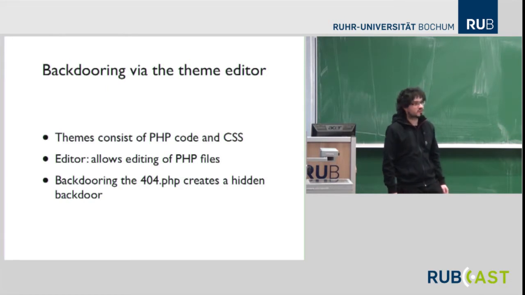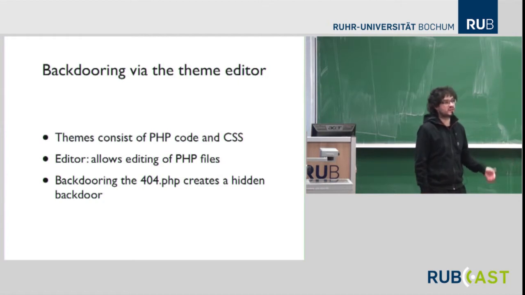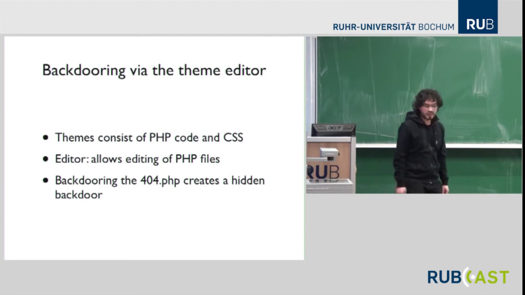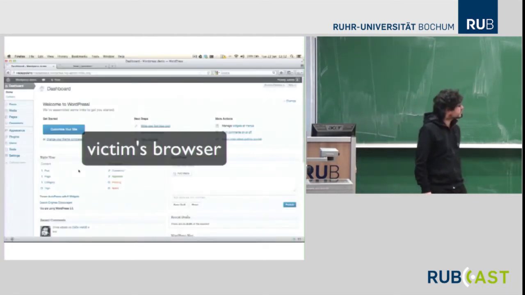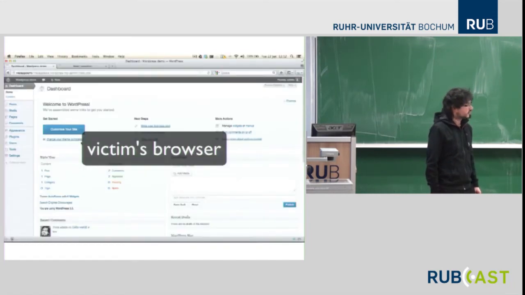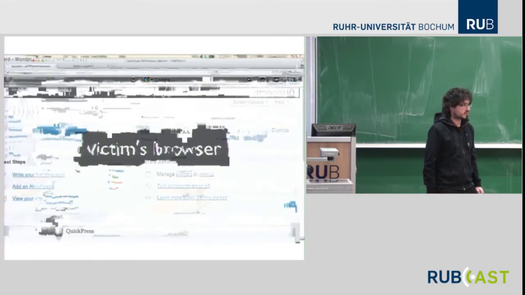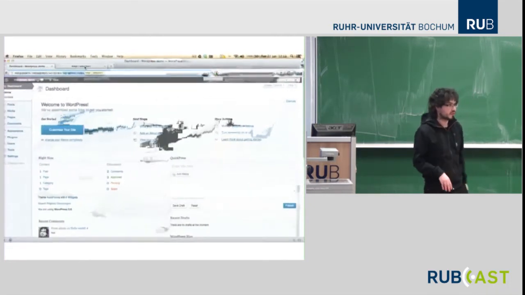And since 404 templates are not usually accessed except by mistake, I thought it's great to backdoor that. So let's look at a demo of this payload that backdoors the 404 page and how to then access it.